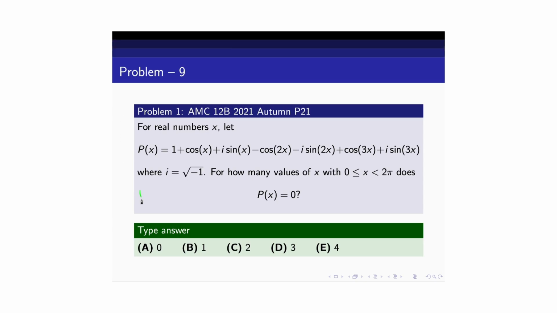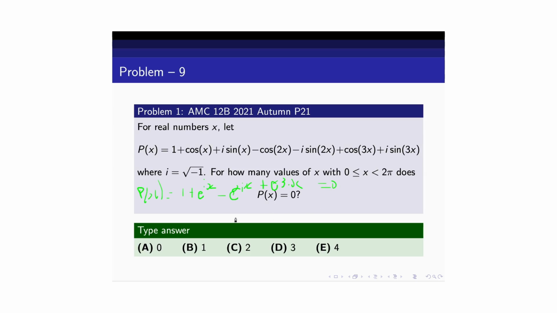So p of x is essentially equal to 1 plus e to the ix minus e to the 2ix plus e to the 3ix, and we can prove this generally, and this is all equal to 0.